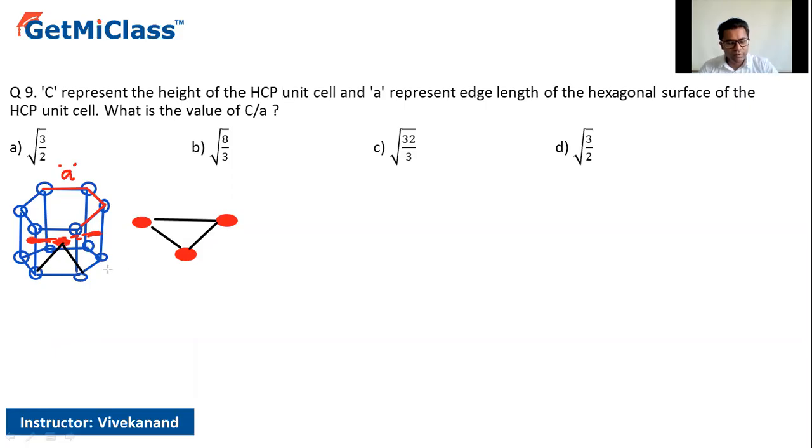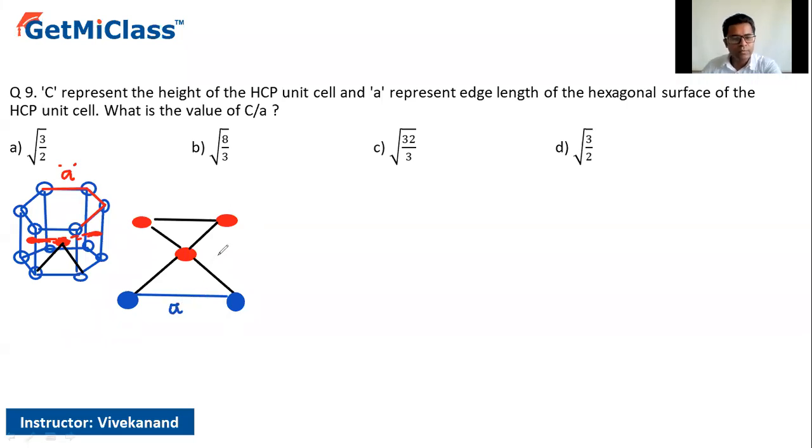So here is where you would find those blue color spheres connected. This is the position of the blue color spheres. Now, this is the edge length, and the edge length is A.